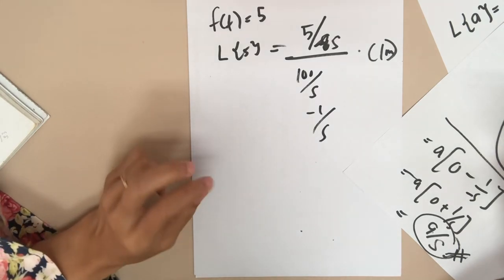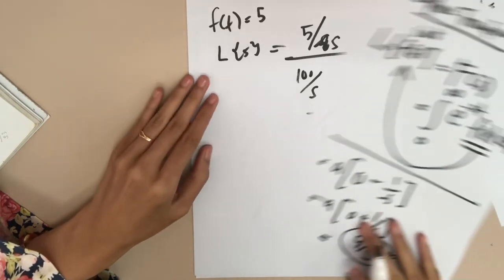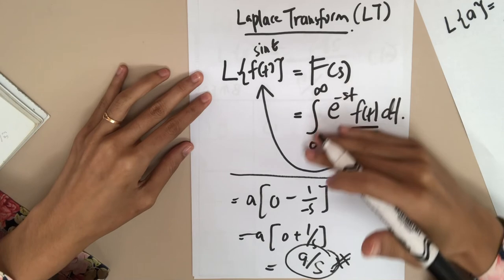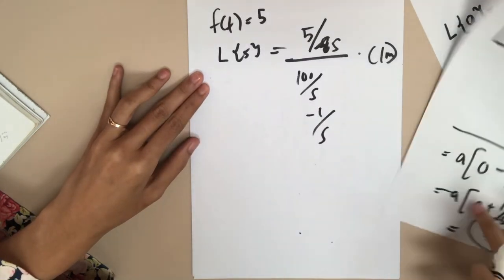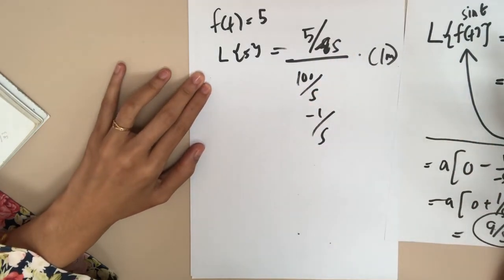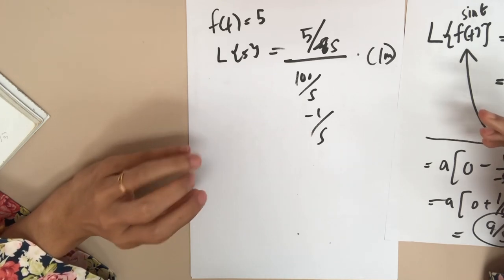Okay, so there are two ways. Of course, the first way is by using the definition. The derivation means you need to integrate and show your steps. And another one is by using the table. Later on, I will show you the table. Actually, the table is much easier.